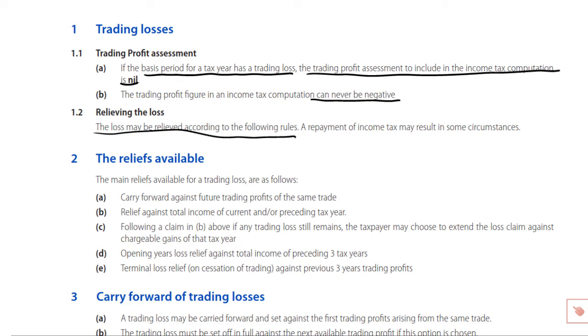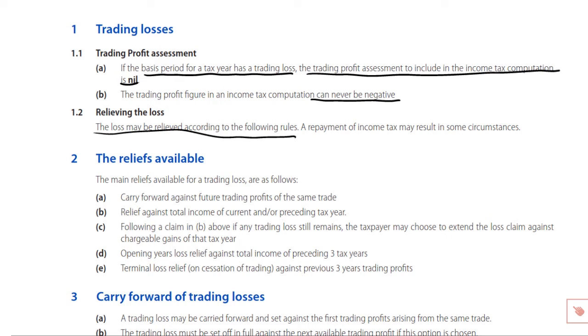And it is that idea of looking at a period of time and saying, if I've made a loss that gives me a nil assessment in this tax year, where can I possibly use that loss? I could use it potentially against other income of this tax year. I could go back against income of an earlier tax year, or I could carry forward against income of a future year. So there's your basic three places to go.